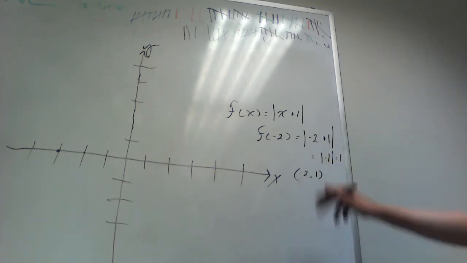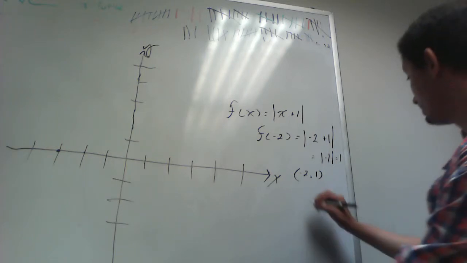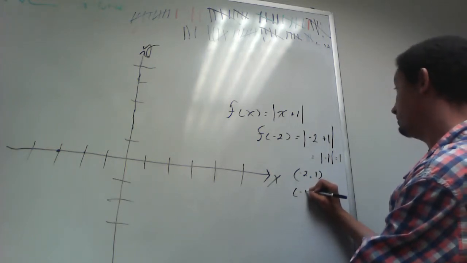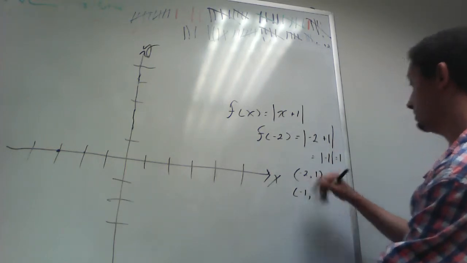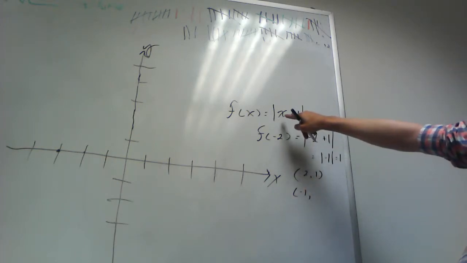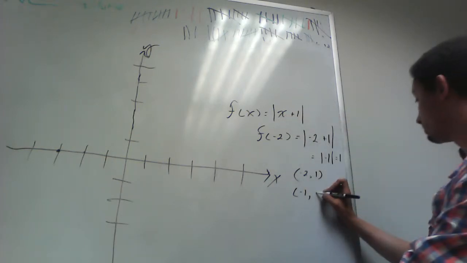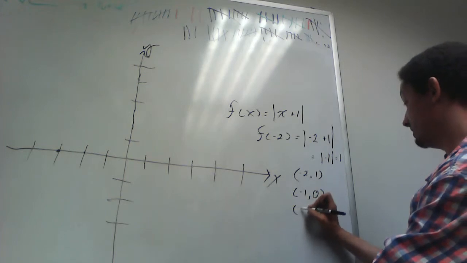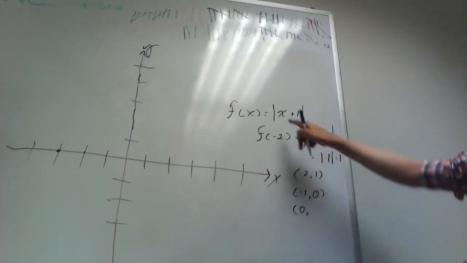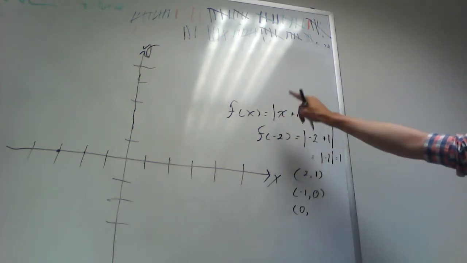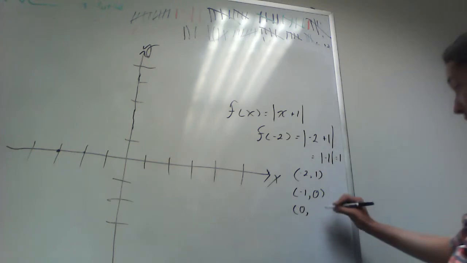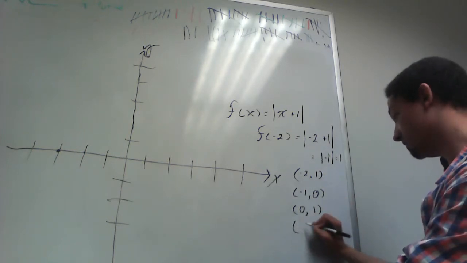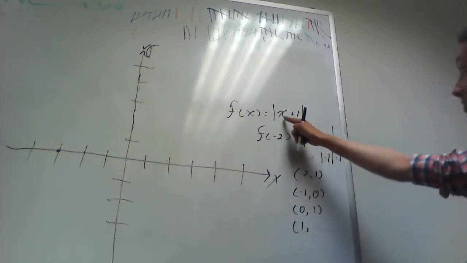Okay, so negative 2 comma 1. Negative 1. So you plug in negative 1, you get 0. When you plug in 0, you get 0 plus 1, the absolute value of 1, that's 1. When you plug in 1, you get 2.